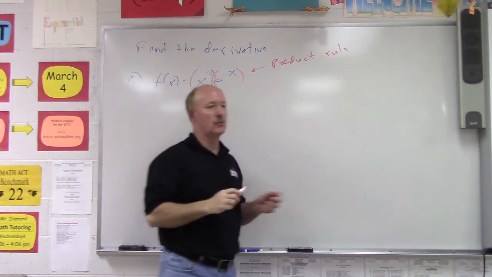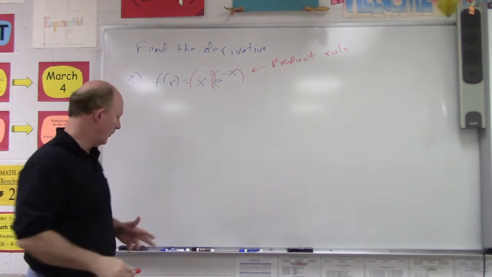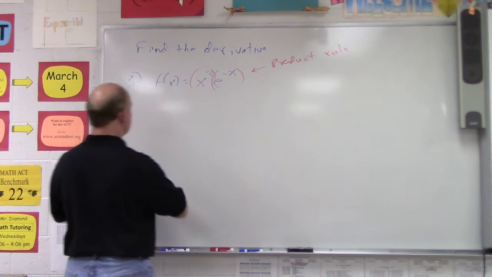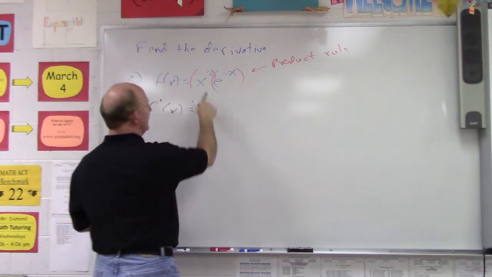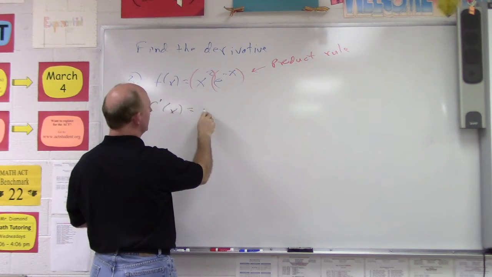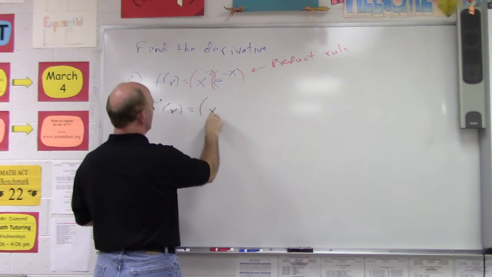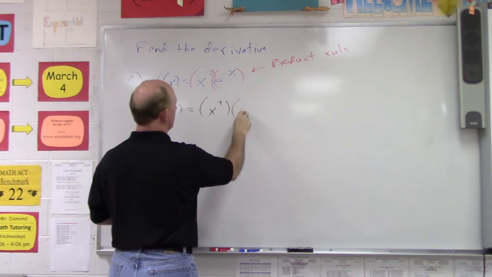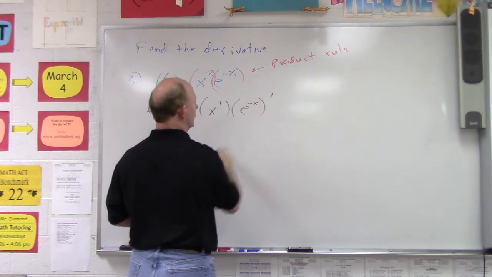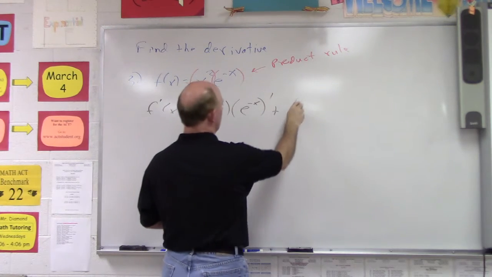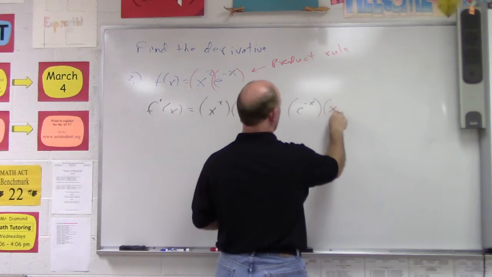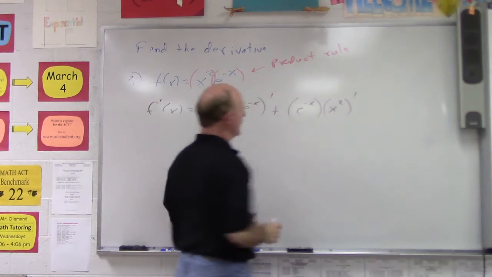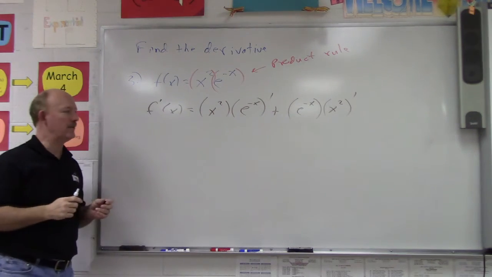So as we set this up, our first derivative would be the first term times the derivative of the second, so x squared times the derivative of e to the negative x, plus the second, e to the negative x, times the derivative of the first, or x squared.